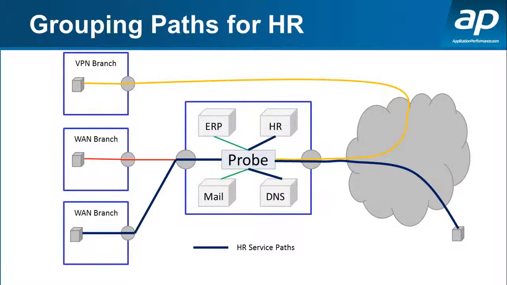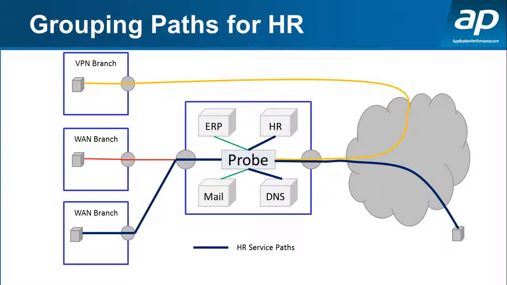So everybody who runs HR lives in the bottom WAN branch, and the other branches don't have any interest in HR. But obviously the LAN path to the HR servers and the DNS server are essential parts of the HR application, as is connections out to the internet.